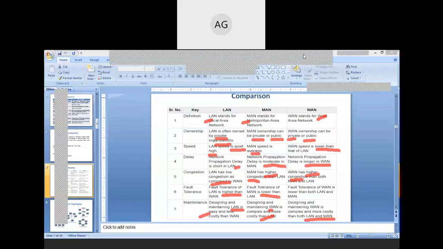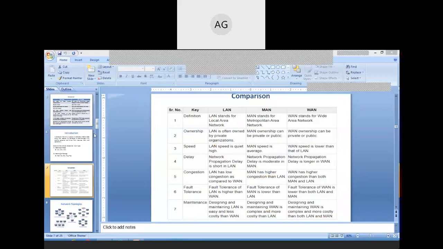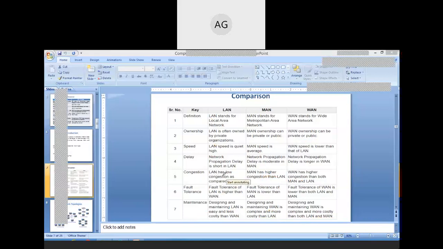LAN has lower congestion as compared to WAN because only limited persons are using the LAN, so the congestion is limited.